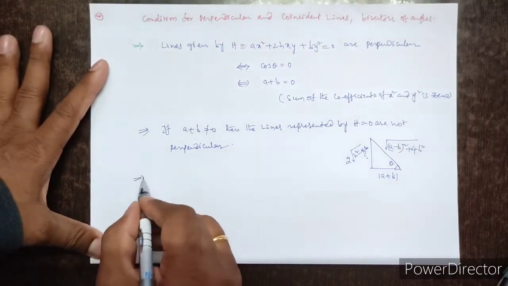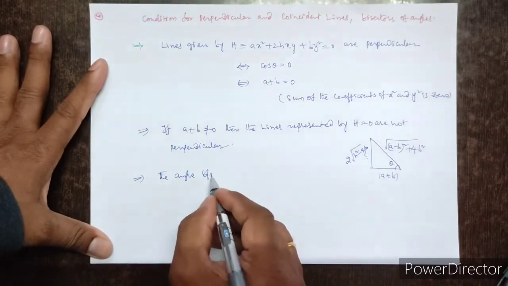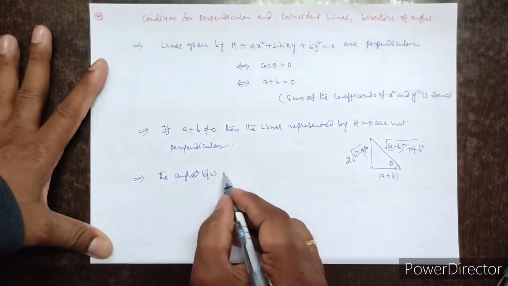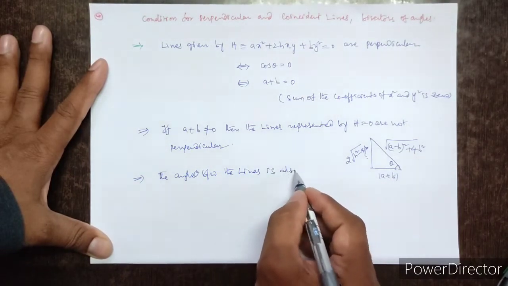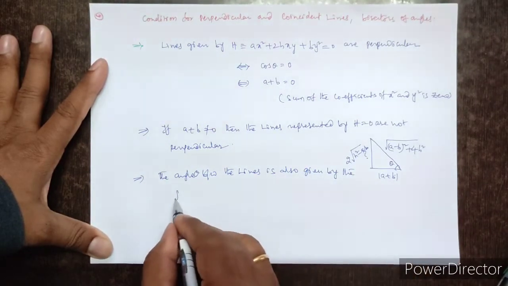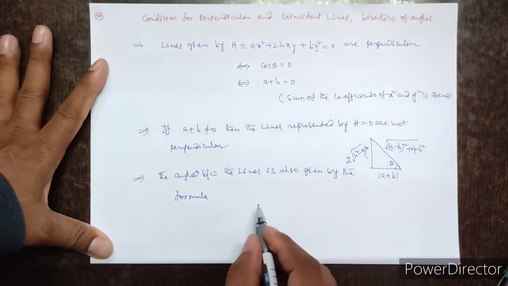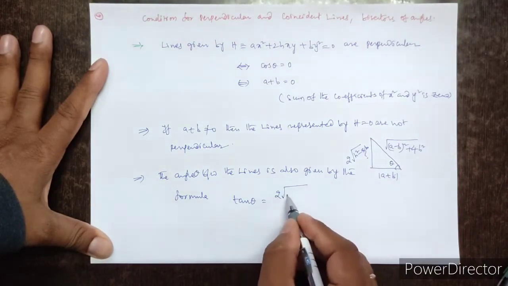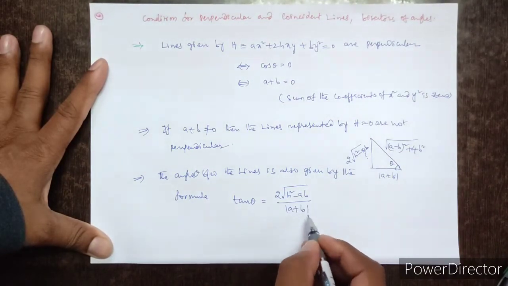So the angle theta between the lines is also given by the formula tan theta equal to 2 root of h square minus ab by modulus a plus b.